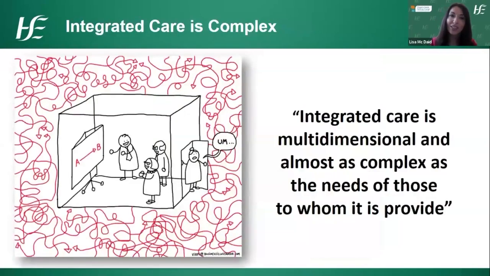Integrated care is complex and multidimensional, almost as complex as the needs of those that it serves. The transition to integrated care is a complex process, with high complexity evident in every aspect of design, implementation, and assessment of integrated care.